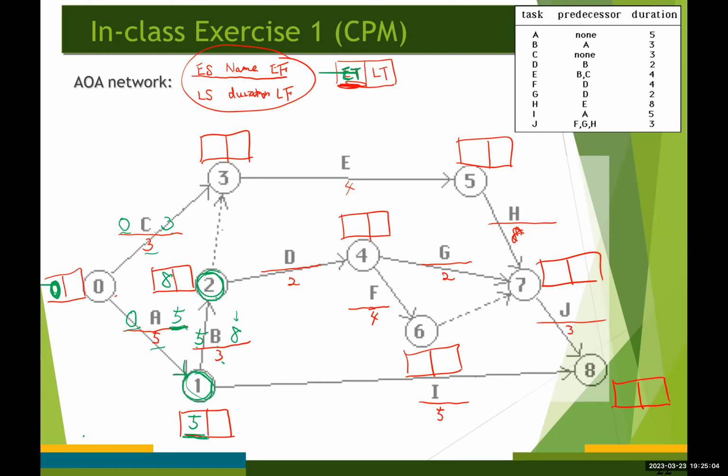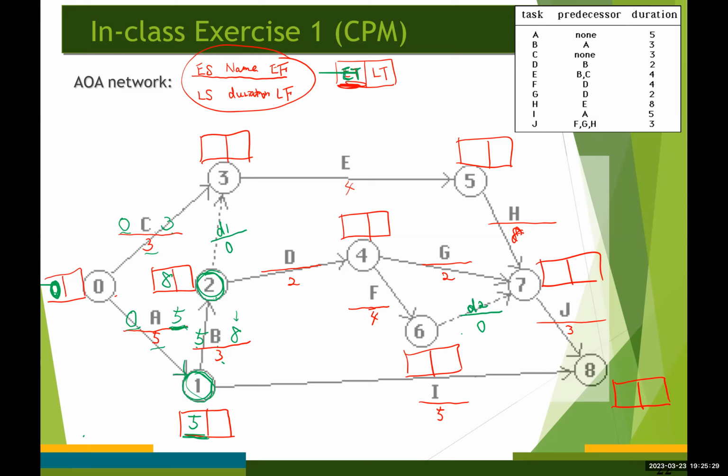And we have dummy activity 1 up here. The duration for a dummy activity is always equal to 0, right? Likewise, later we're going to have dummy activity number 2, and its duration is going to be 0 as well.